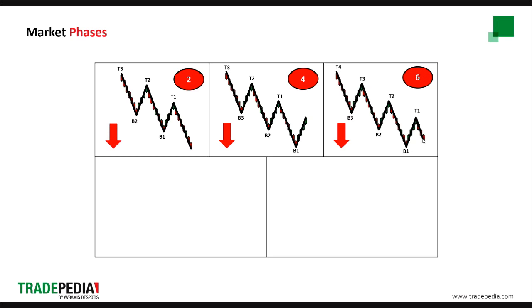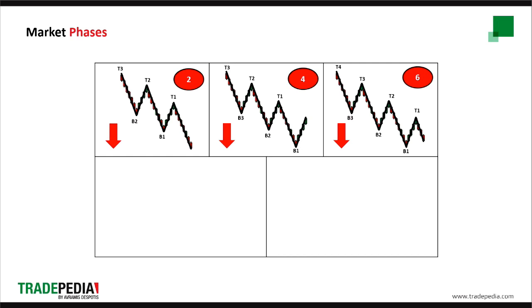Now, what do I expect from prices to do after pattern number 6? Because pattern number 6 is a downtrend, I expect prices to continue to go down, break B1, and form a lower bottom.